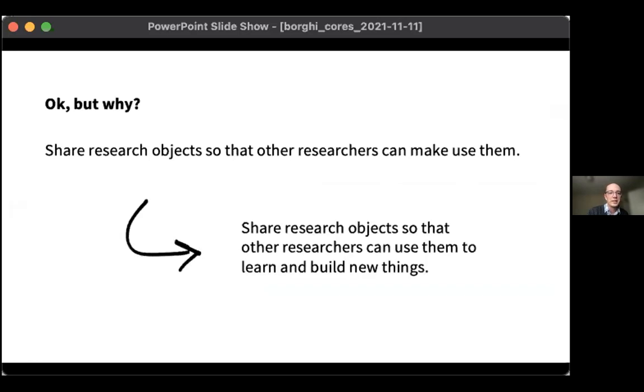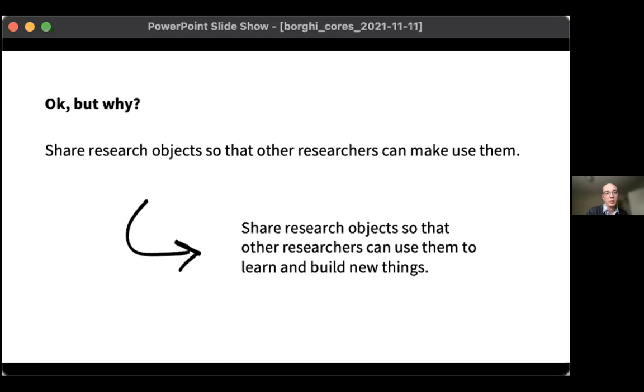And kind of a subset of this argument is, you really want to share research objects so that other researchers can use them to learn and build new things. I can't tell you how much I've learned about writing Python scripts or even MATLAB scripts when I was using MATLAB by looking at things that other people had shared with me.